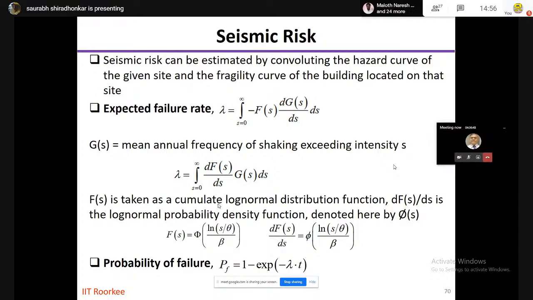So I feel that the participants who are really interested in research or higher study can get an idea and can build up seismic risk targeted design.